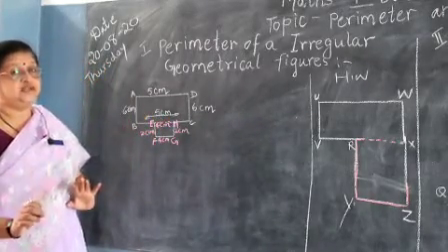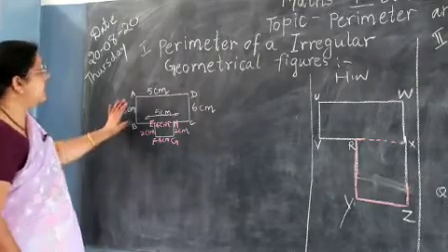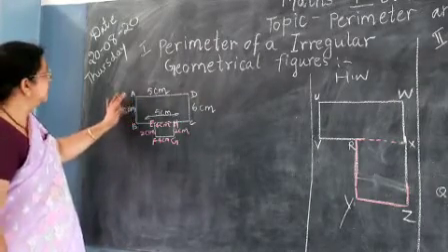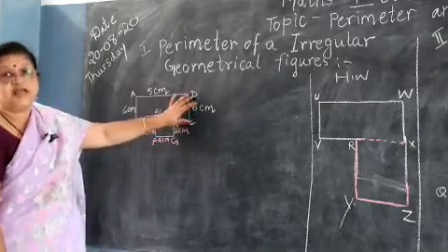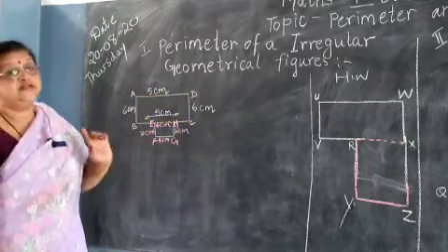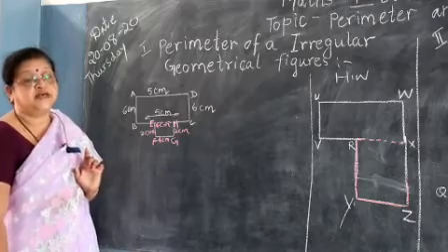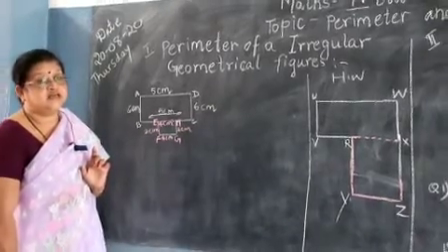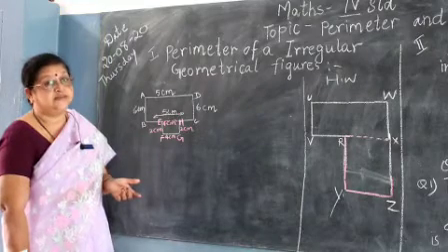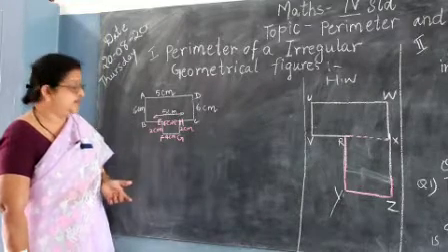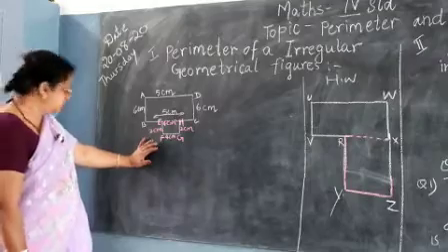It's very simple, children. Now see, you have the figure here, A, B, C and D. The measurement of any area is given in the unit square centimeter, square meter, square kilometer. Now we are working in centimeters, children.